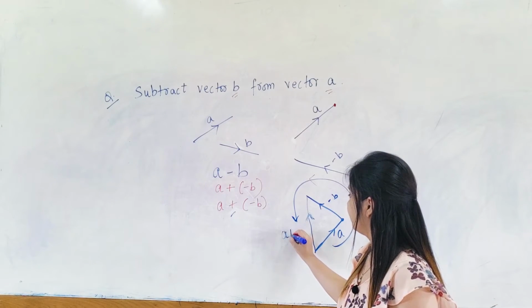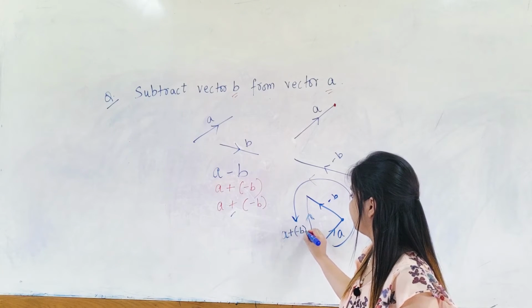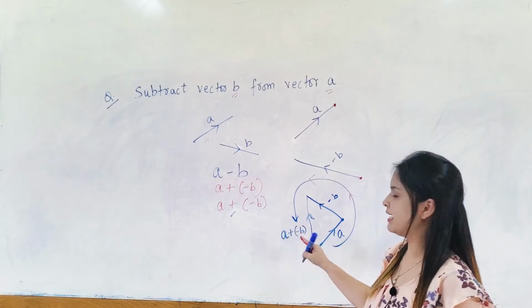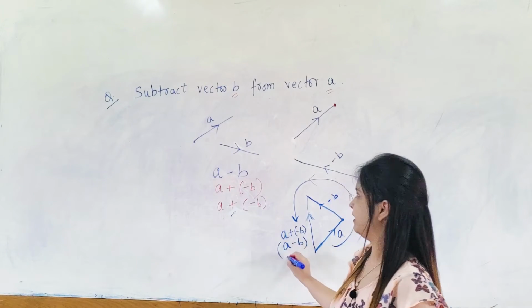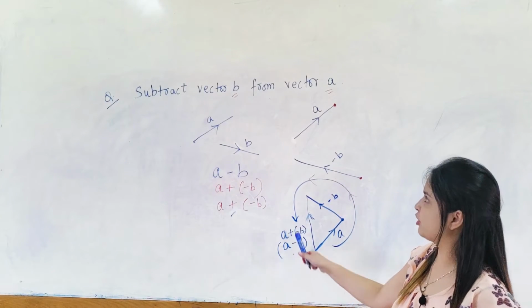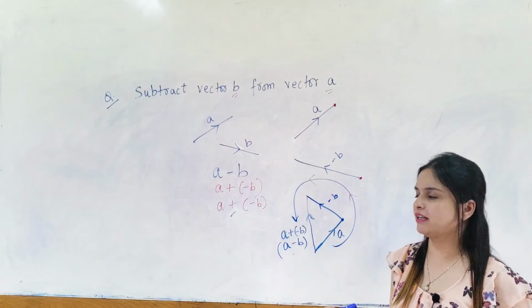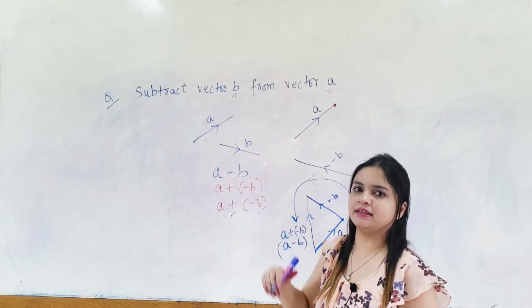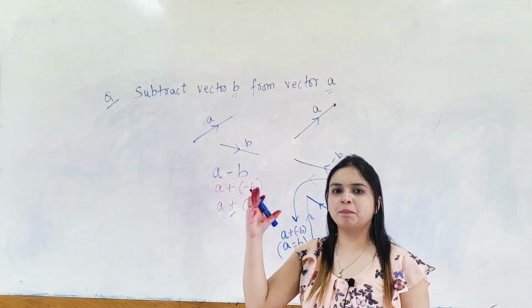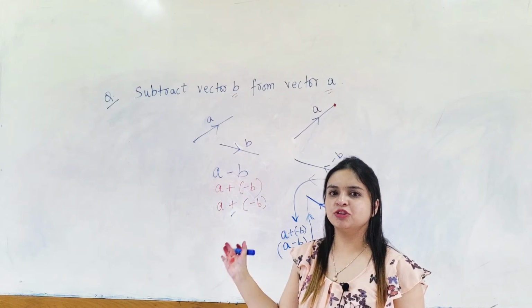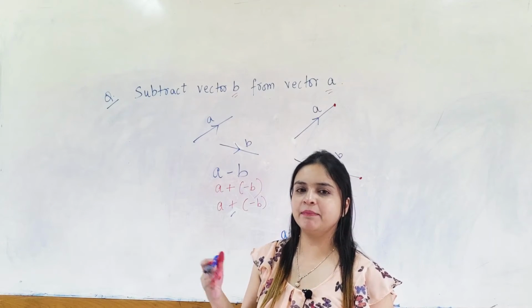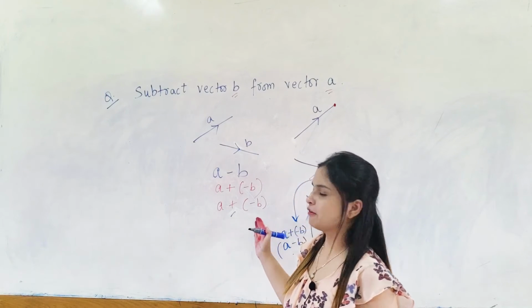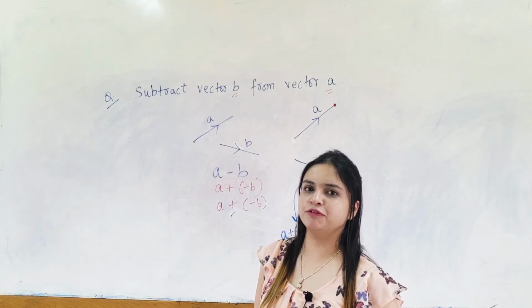A plus negative B, which is A minus B. So this is how you subtract any two vectors using resultant. We will use addition to subtract two vectors. We will use the same methods, triangle and parallelogram method.